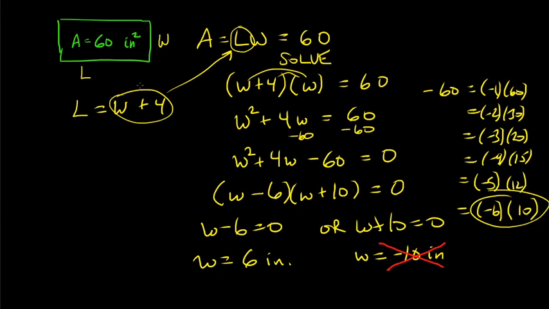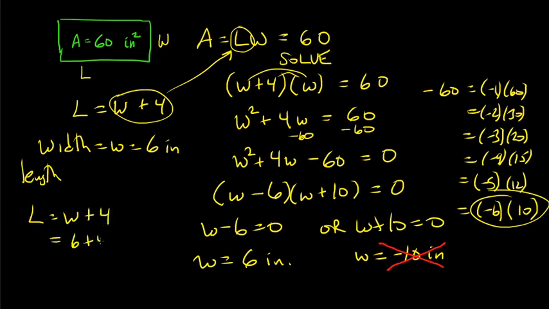So if W is 6, that's the width, 6 inches, what's the length? Well, L is just W plus 4, so 6 plus 4 is 10. So the length is 10 inches.